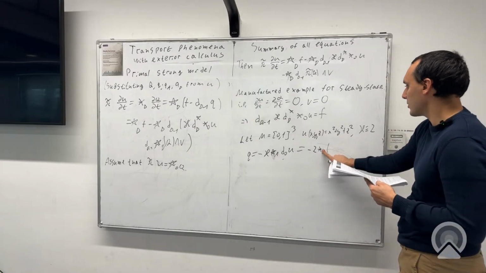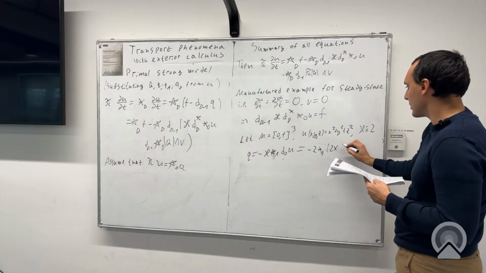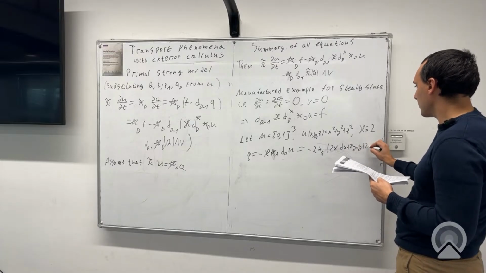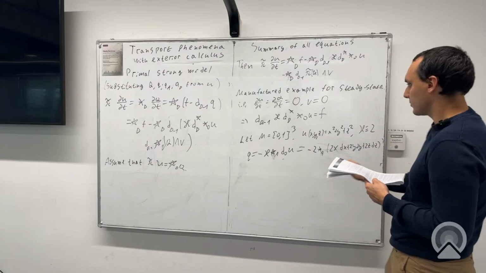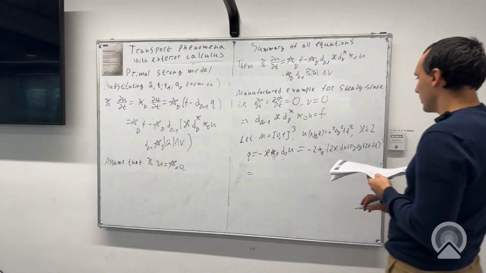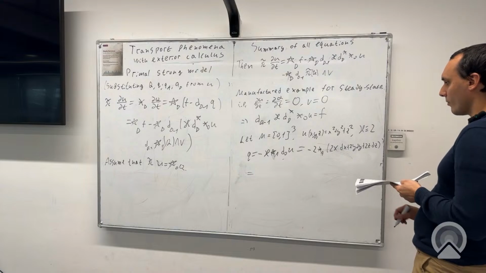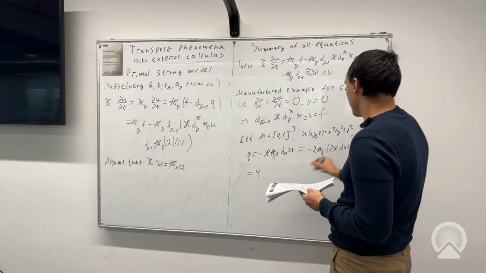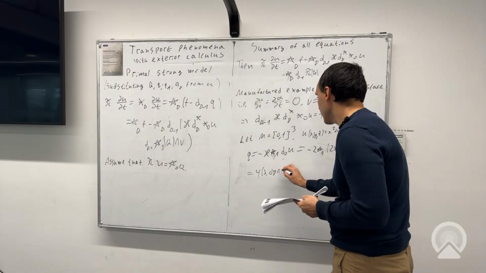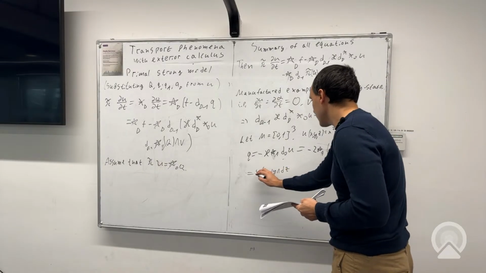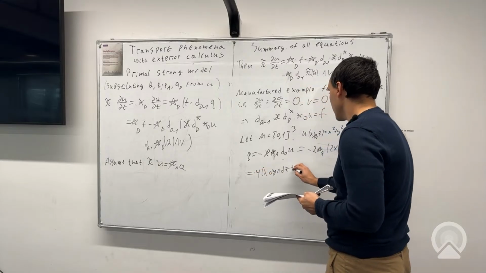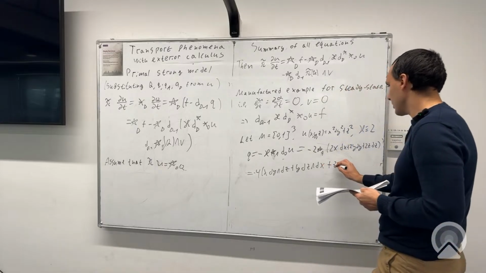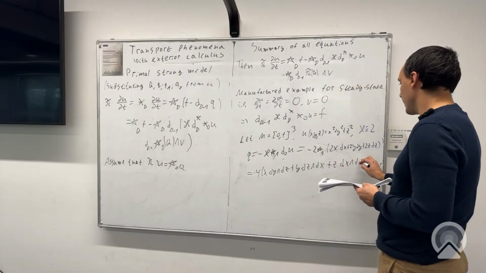So this is star 1, sorry. 2 times x dx plus 2 times y dy plus 2 times z dz. And this is 4 times, so this will be x dy dz plus y dz dx plus z dx dy.